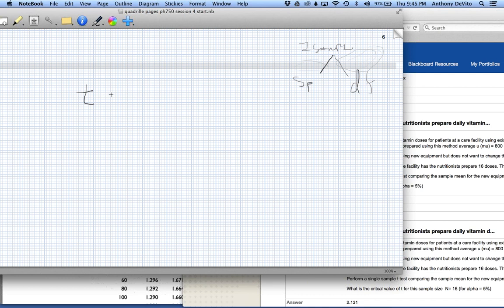But for a single sample t-test, it stays pretty simple. The t-score is equal to the difference between the two means, x bar 1 minus x bar 2, over the standard error.